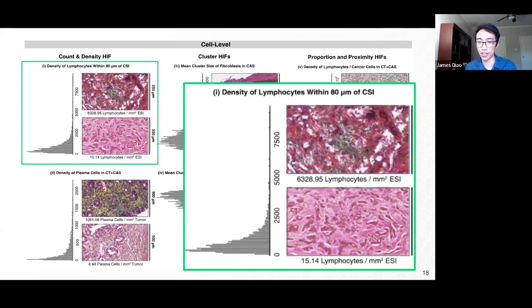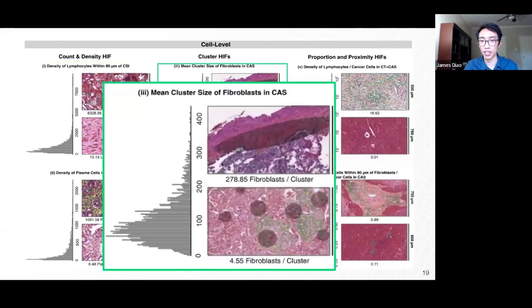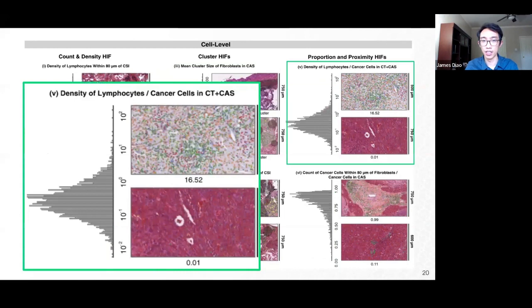At the top, you see there's a lot of lymphocytes in this cancer stroma interface, and in the bottom, there's very few. So those represent the range of possible values. And then here it's the mean cluster size of fibroblasts in the cancer-associated stroma. The top one has a big cluster, a lot of fibroblasts in it. Second one has smaller clusters of fibroblasts.